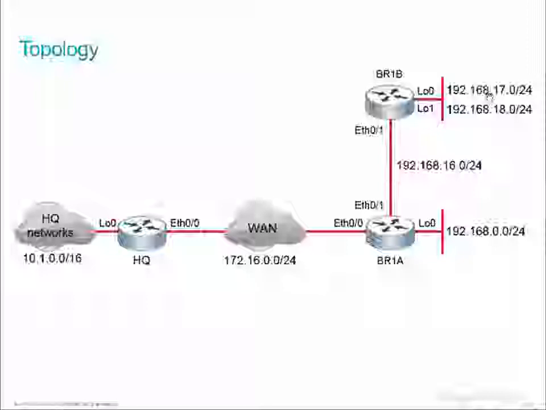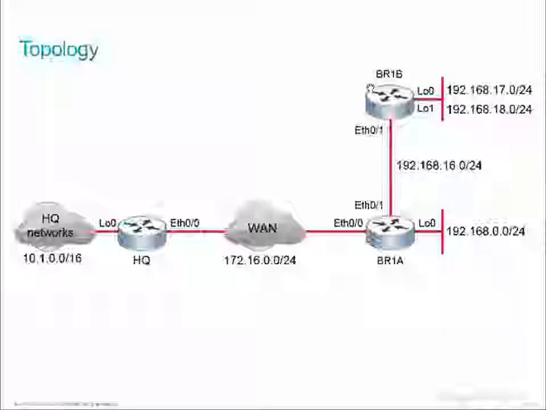This is not how a network typically would be configured, and you certainly wouldn't have all these weird configurations in the topology. So BR1B is announcing a summary route over to HQ to include the 16 and 17 subnets, and then the loopback, the /18, is being redistributed into EIGRP. So it's coming into EIGRP as an external EIGRP route.